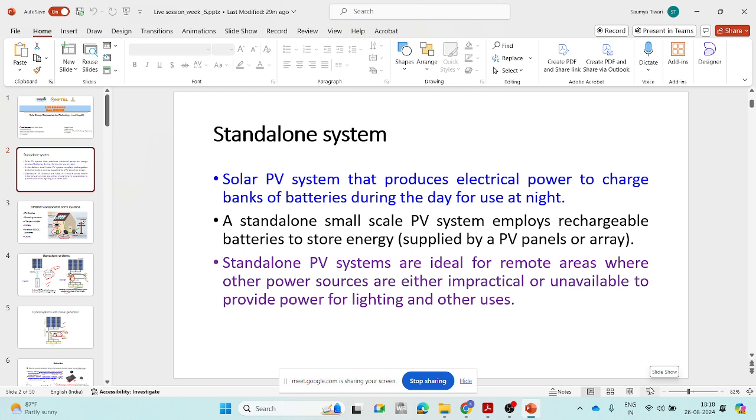A standalone system is basically an off-grid system, a system in itself where power is generated and utilized. As the name suggests, it's a stand-alone system. It's useful in very remote areas where power sources are not available or maybe impractical, for your basic lighting and other uses.